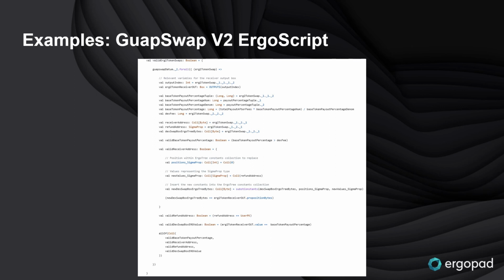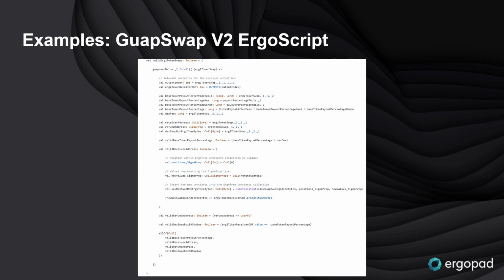We check that the receiver addresses are correct, so this lets you send the resulting tokens to either yourself or to whoever you want. So we check if, in the ErgoHack swap box or the Spectrum swap box, the settings are correct.